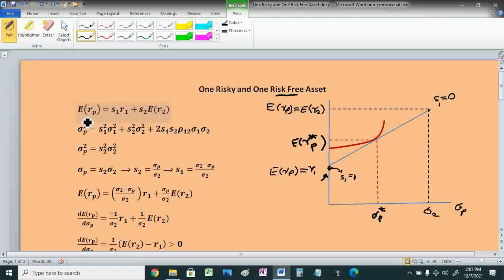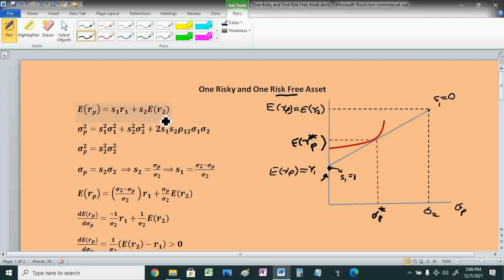So this expected return on portfolio is equal to the proportion of savings allocated to asset 1 multiplied by the certain return on asset 1 plus the proportion of savings allocated to asset 2 multiplied by the expected rate of return on asset 2.